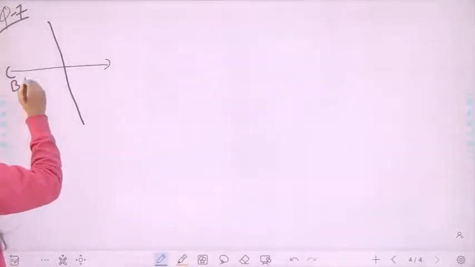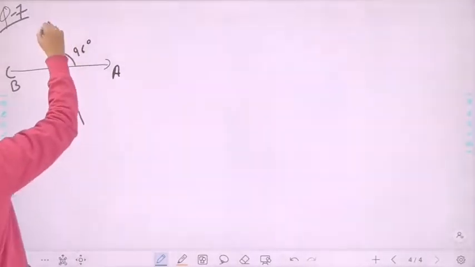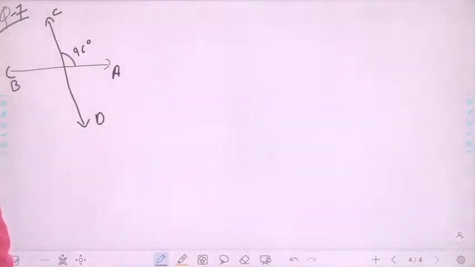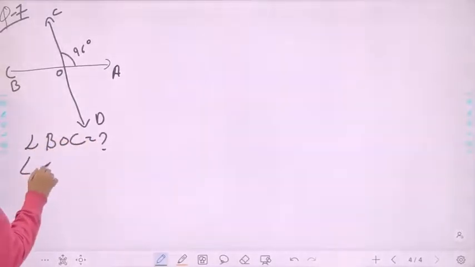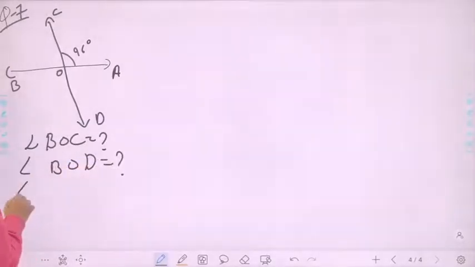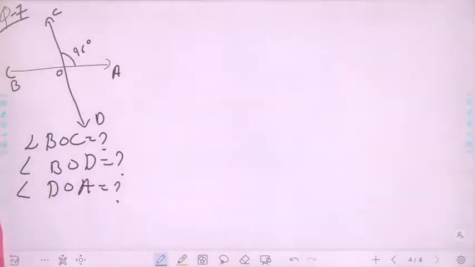That is B, A, 96 degree and D, and this one is 96 degree and this one is O. Now हमको क्या फाइंड करना है? फाइंड दी ऑल अदर एंगल्स. हमको फाइंड करना है, we have to find in this question, that is BOC, angle BOD and angle DOA, right? Now we have to find all three angles.